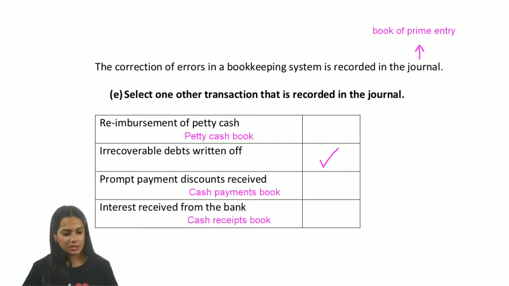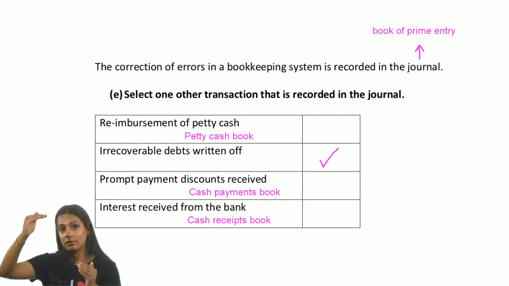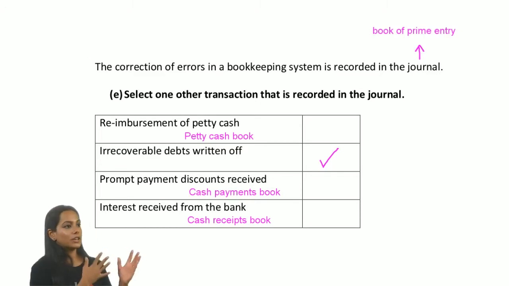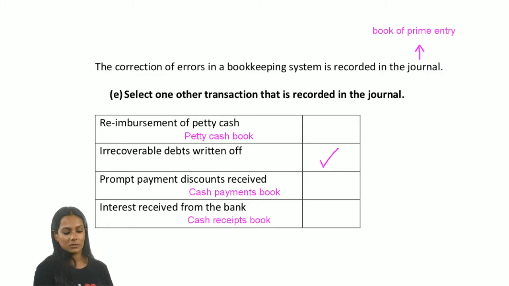The cash receipts book is one of the main books of prime entry, which will show money coming into the entity, while the cash payments book is showing money leaving the entity, or the amount in the bank balance going up, or the amount in the bank balance going down. But don't forget that the bank balance is treated separately and the cash balance is treated separately as well. So cash in hand is one column, whereas bank account balance is another column, in both the cash receipts book and the cash payments book.